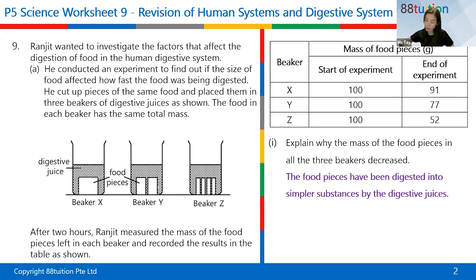So if you can talk about the digestive juices acting on the food, so the food has been digested, right? It's constantly being digested. So in the 2 hours, food pieces have been digested into simpler substances. You add in simpler substances, because we all know this is actually happening, right? So food pieces have been digested into simpler substances by what? By the digestive juices.